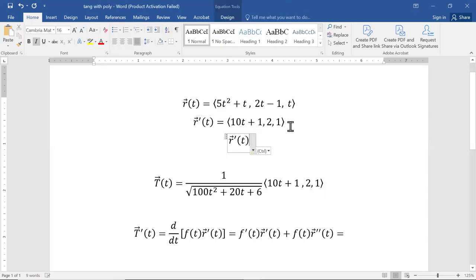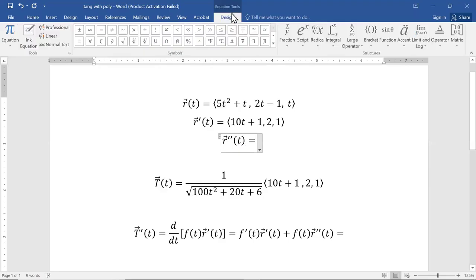So let's take a second derivative of my vector valued function. If I take a second derivative of my vector valued function, I end up with 10, 0, 0. That's a nice thing to deal with.